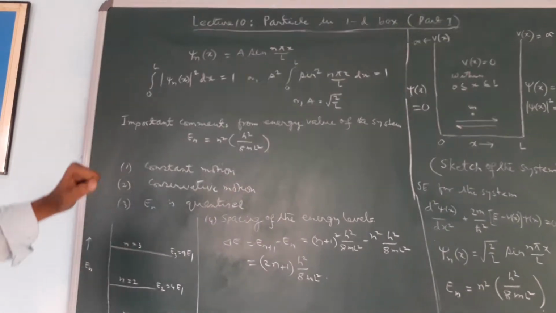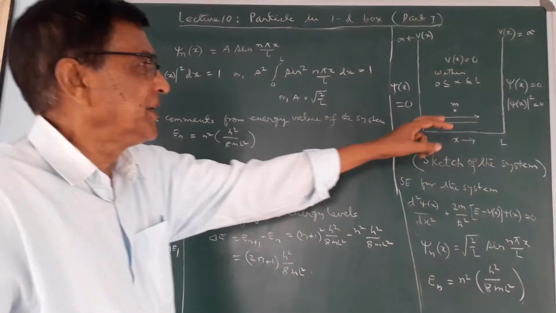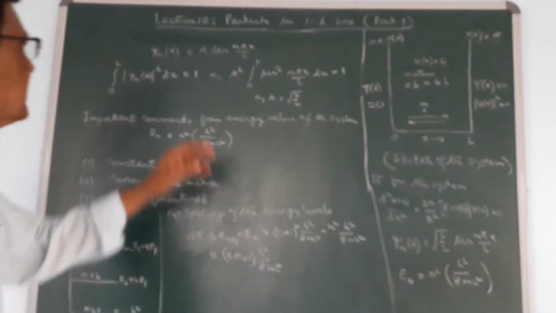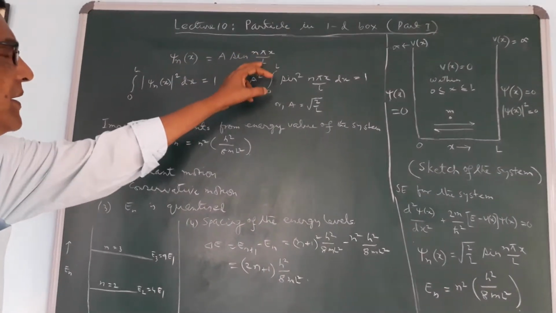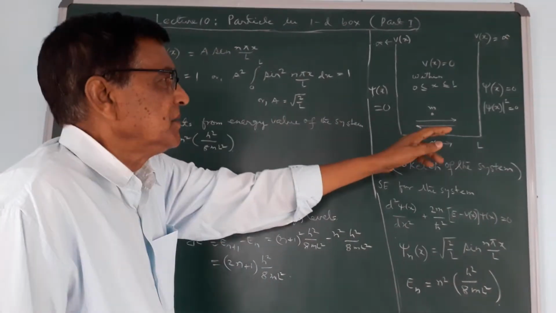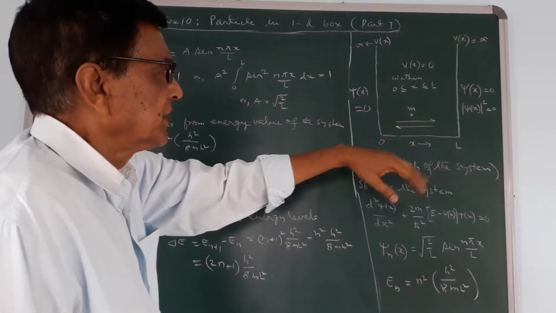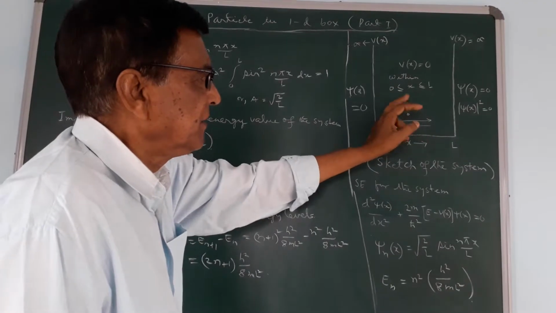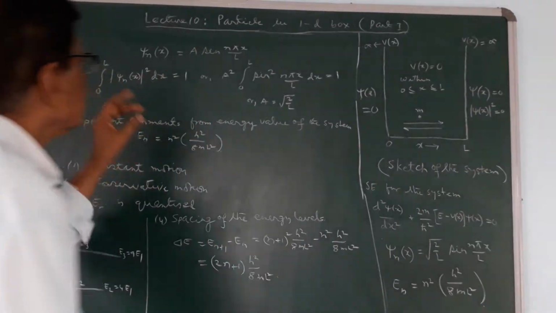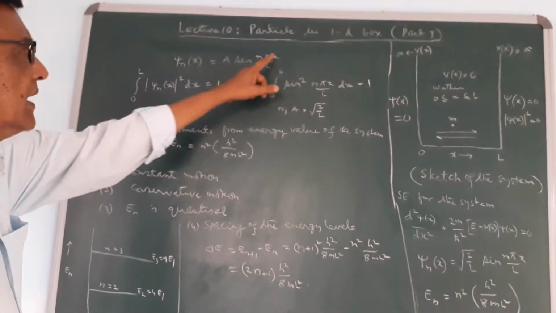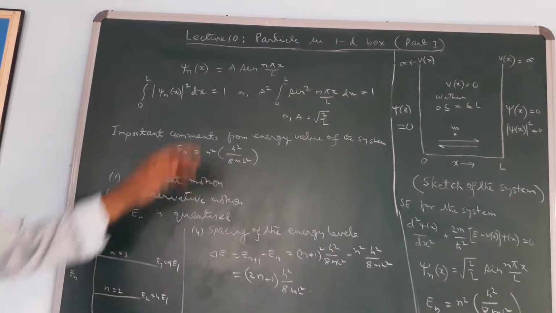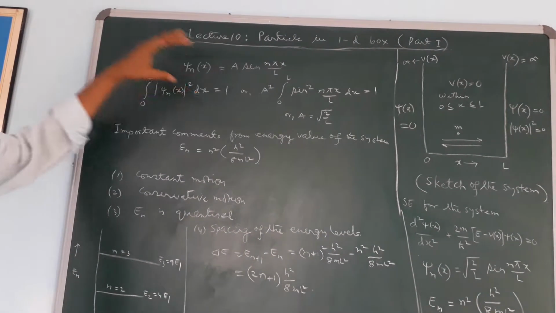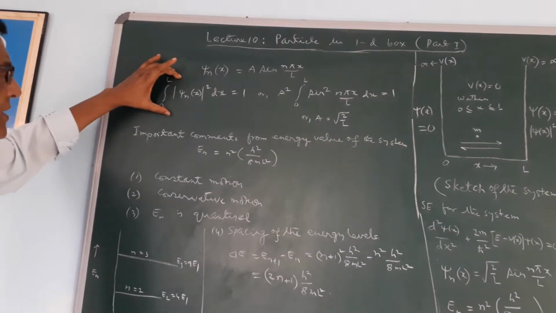The wave function for this system, particularly in a 1D box, is psi n x equal to A sin n pi x by L. For a particular system of definite m and definite L, this psi wave function depends on n and x, and A is the normalization constant, which will be obtained by putting the normalization condition.